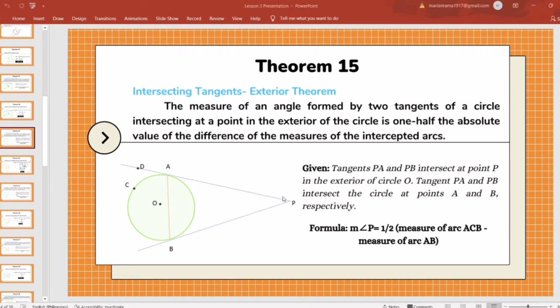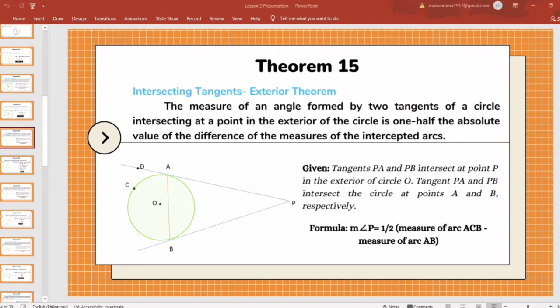So our angle P here is 64 degrees, equal to 1/2. Then let's denote our arc ACB, which is our unknown, as x, minus 360 minus x. Then we have 2 times 64, or 128, equal to x minus (360 minus x).